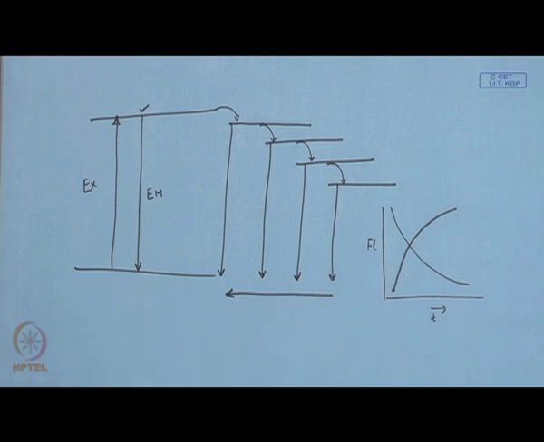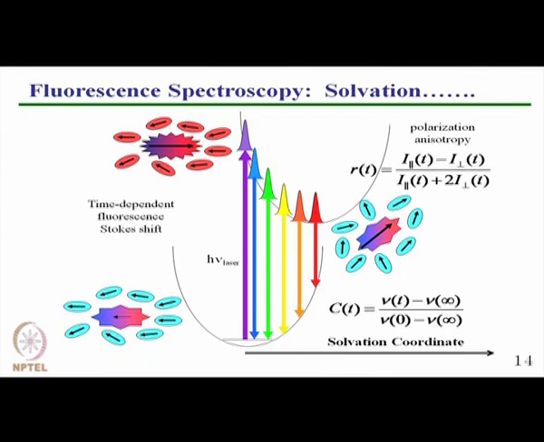Okay. So, this way you can follow the dynamics of solvation. By monitoring the time dependent fluorescence Stokes shift, you can follow the solvation, the dynamics of solvation, that is the kinetics of the process. That is how this system is solvated.